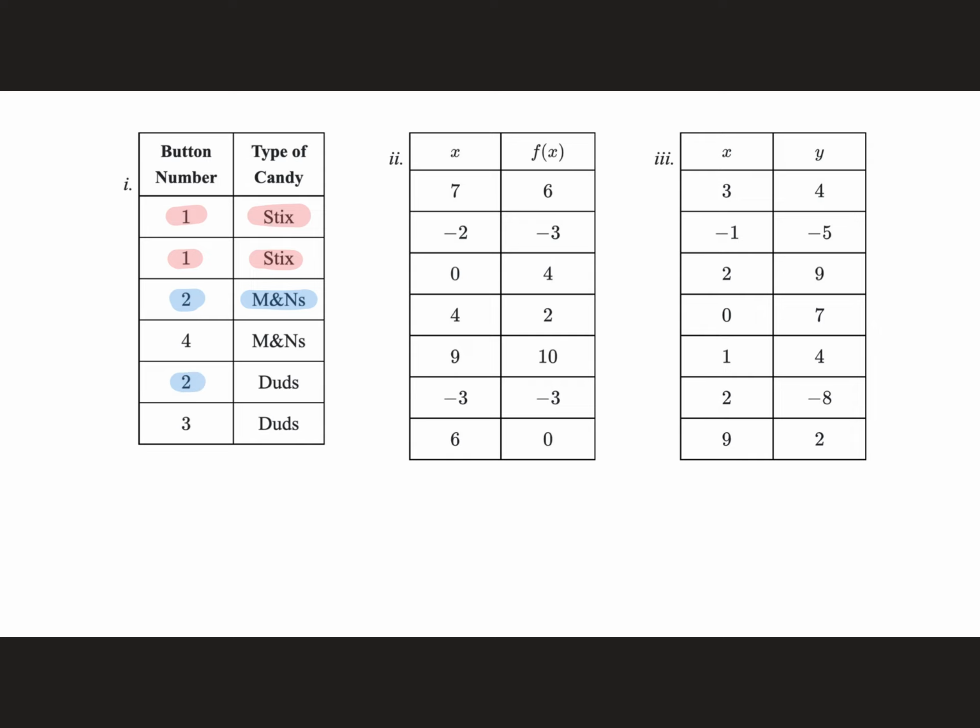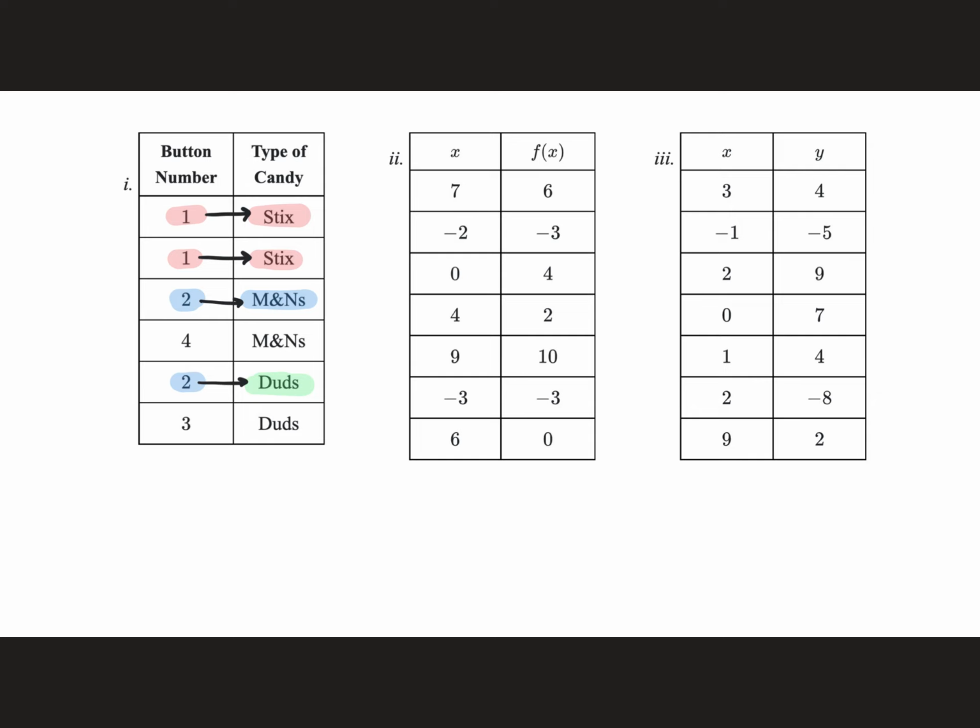But here when we press button 2, we get a different output. So the key is looking for that relationship between the input resulting in the same output. So both times we pressed button 1, we got Sticks. But we pressed button 2 and got 2 different outputs.